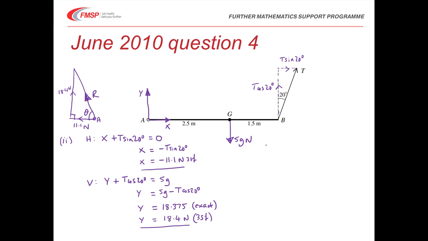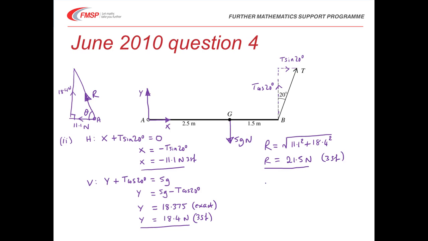So, from that I've got that R is the square root of 11.1 squared plus 18.4 squared. And calculating that gave me a value for the reaction force at the hinge of 21.5 newtons, to 3 significant figures.